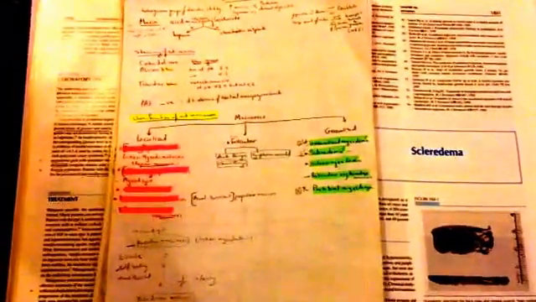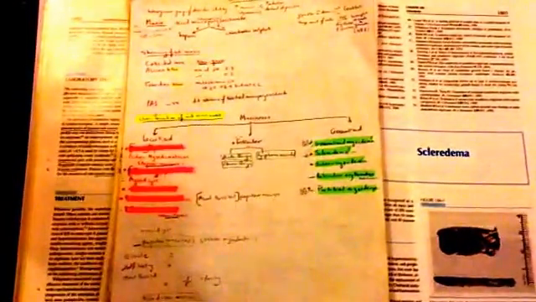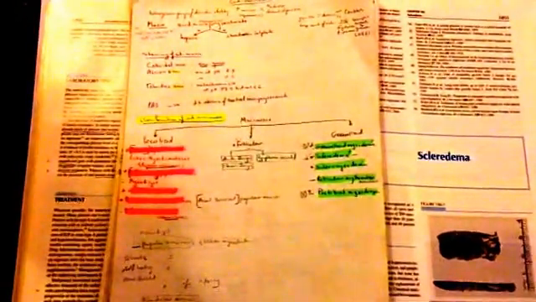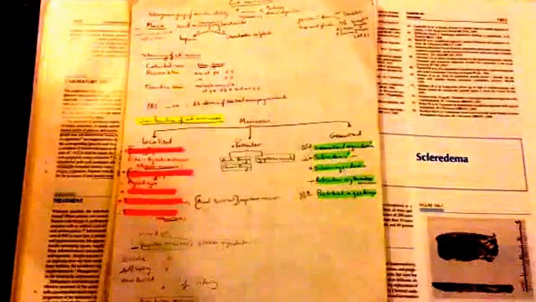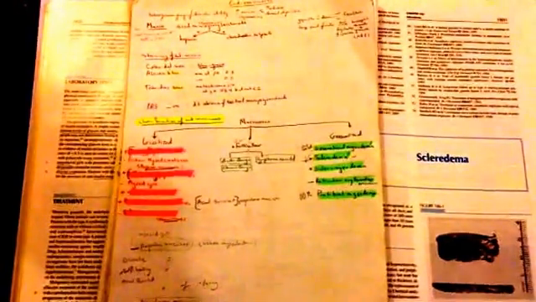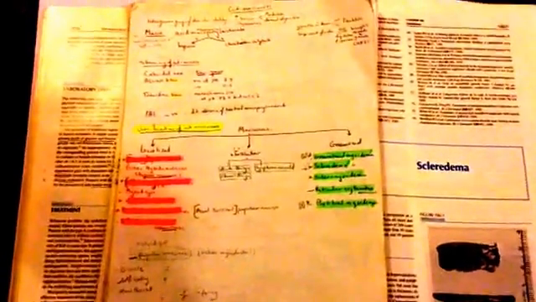So this is an introduction to cutaneous mucinosis: a heterogeneous group of disorders characterized by increased mucin production and dermal deposition, composed of acid mucopolysaccharide, hyaluronic acid, heparin, and chondroitin sulfate.